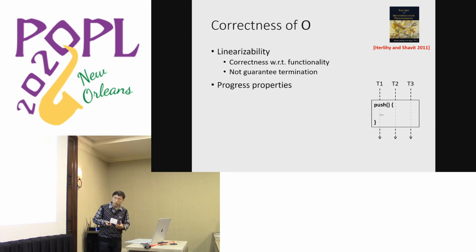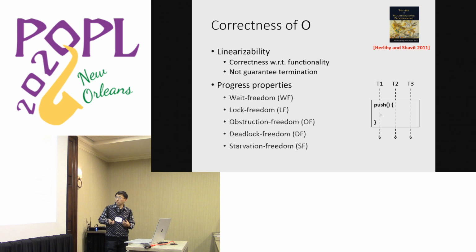If we worry about termination, we know that from the object point of view, the methods could be executed by different threads. So the progress of a concurrent object essentially specifies the termination property of the method. In a sequential setting, termination is very simple, or at least it's easy to understand what we mean by termination.